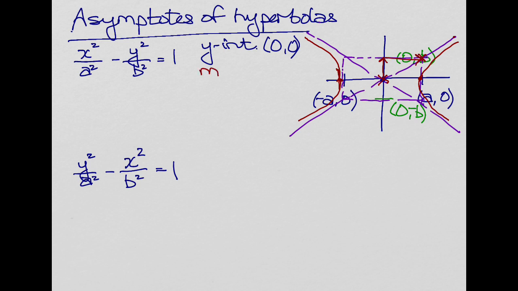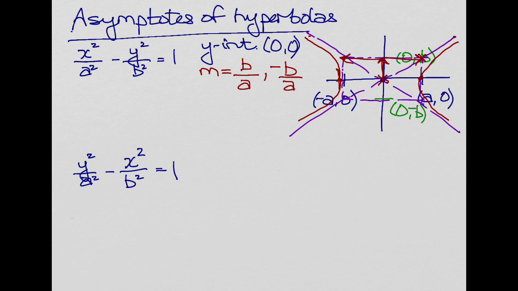So for that one, my slope is change in y over change in x. I went up b and a to the right. So there's the slope. For the asymptote with negative slope, I'm going to go up a distance of b again, and this time left a distance of a. Well, left is the negative direction. So there are my 2 slopes for my 2 asymptotes.